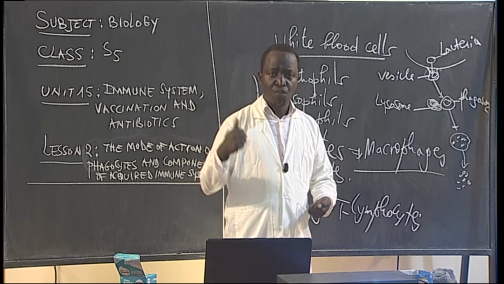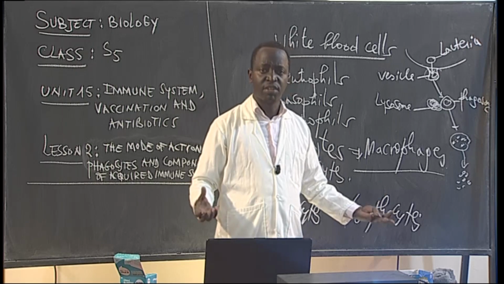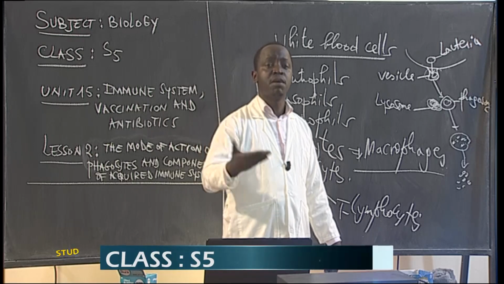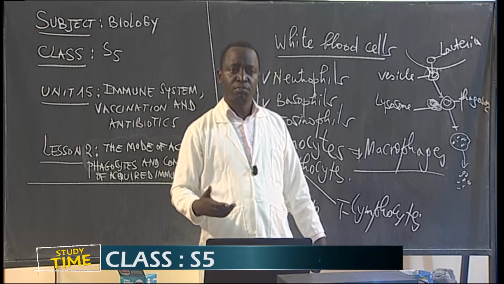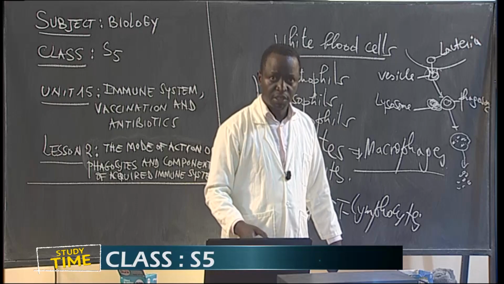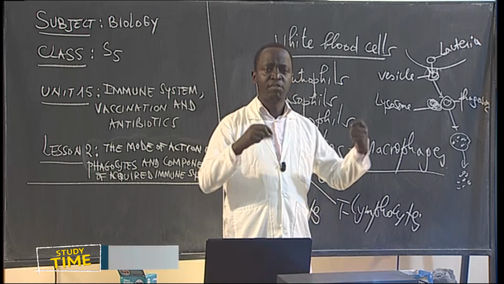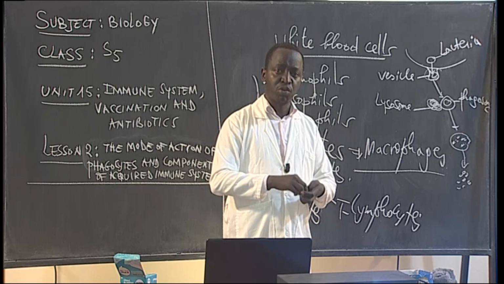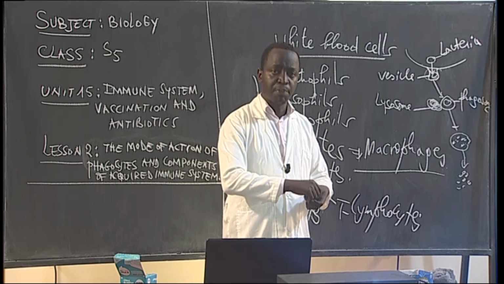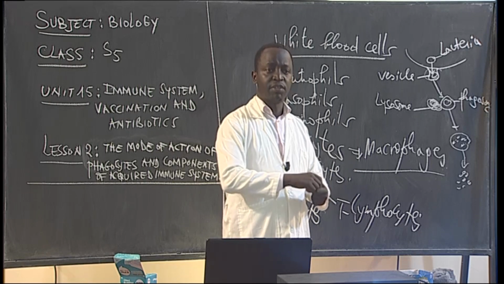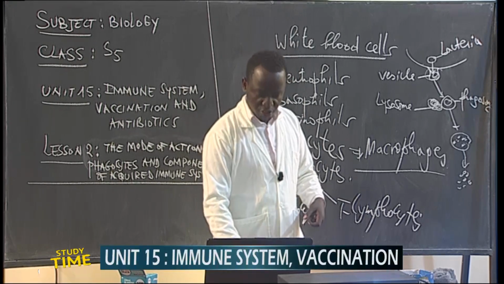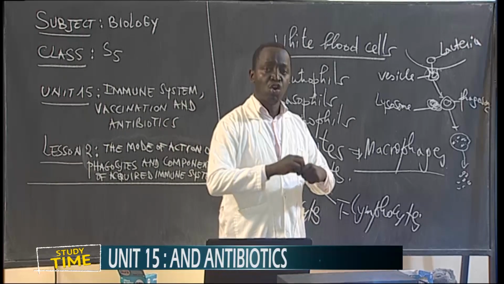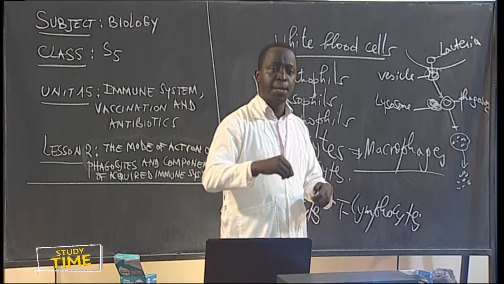Either bacteria or viruses present in the blood. Are you together? Because remember, the blood transports all material, including even the germs. But when the germs are found in the blood, immediately the B cells will produce antibodies. And those antibodies are going to fight against bacteria. So those antibodies attach on the antigens of the foreign pathogens.